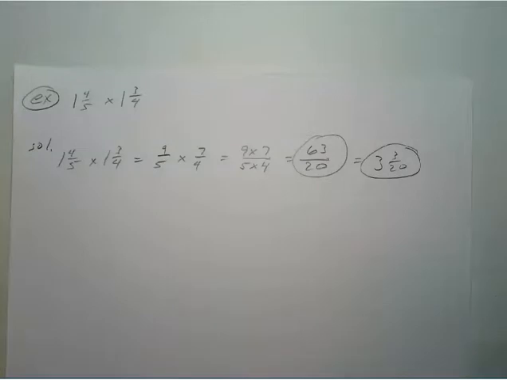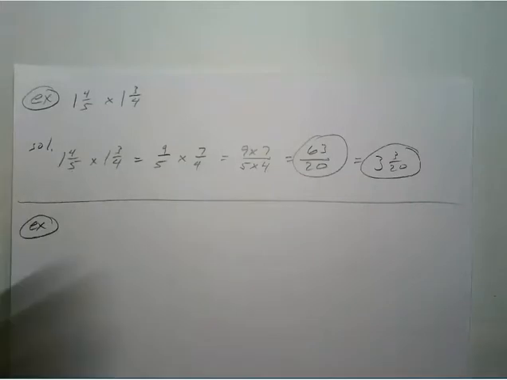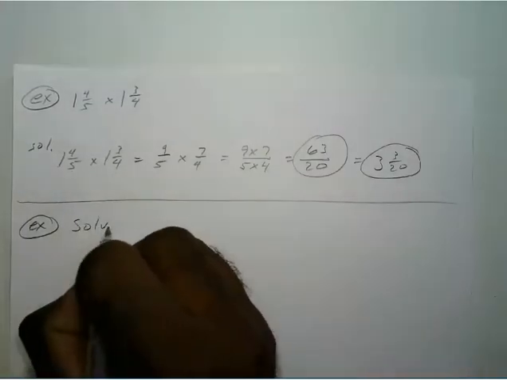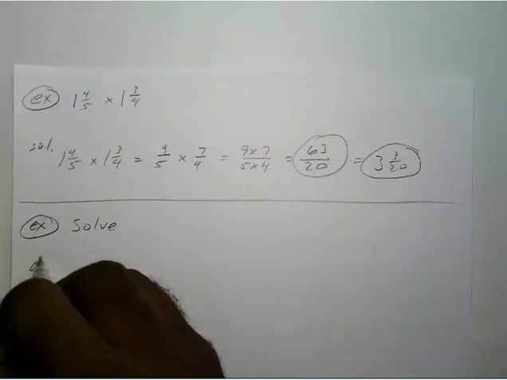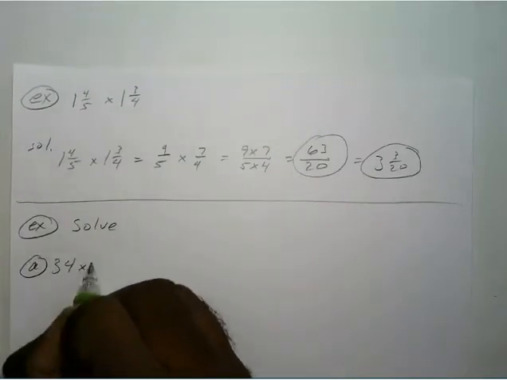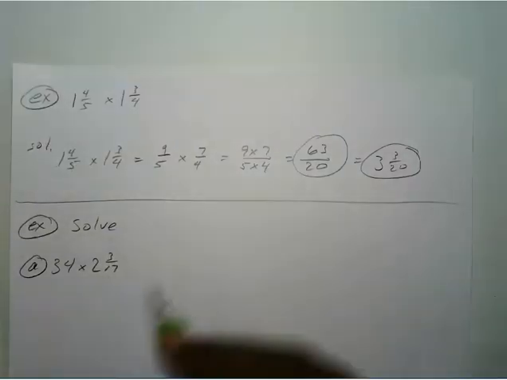All right. If you're still writing, we still have a couple more we can do. So what if you wanted to solve, let's say for problem A, 34 times 2 and 3/17.